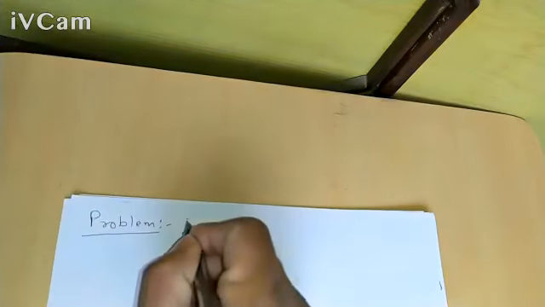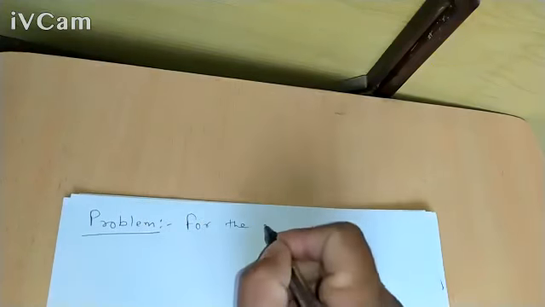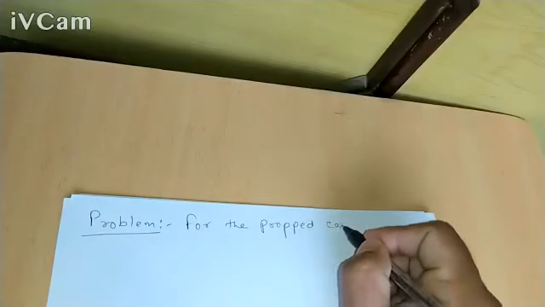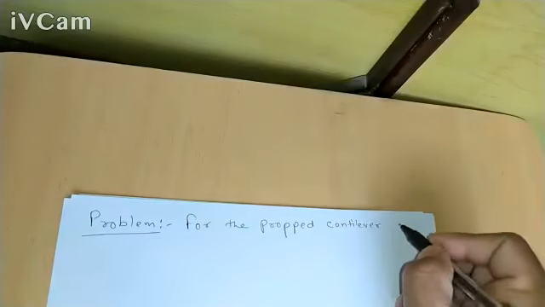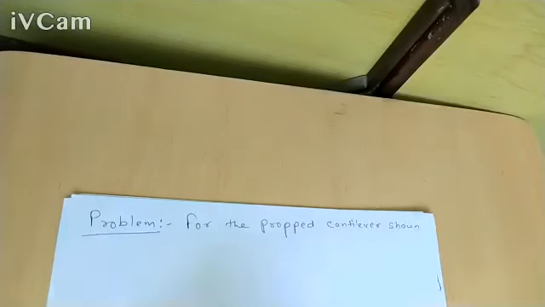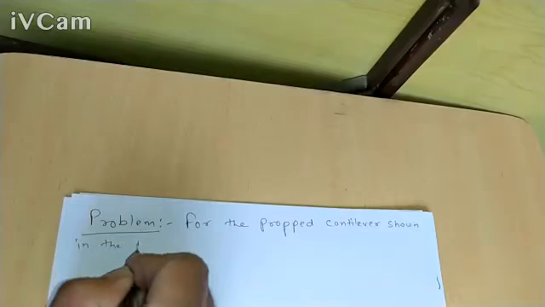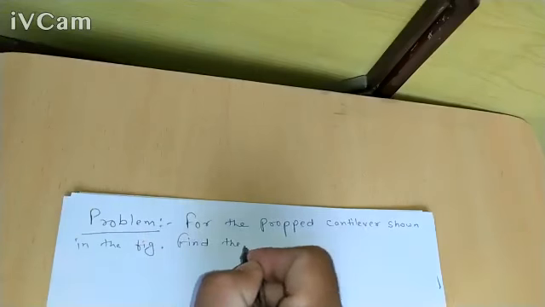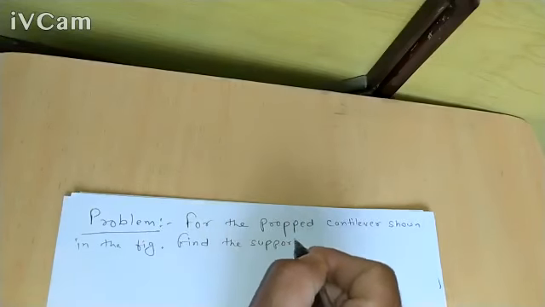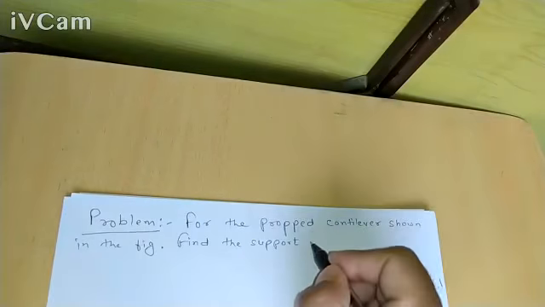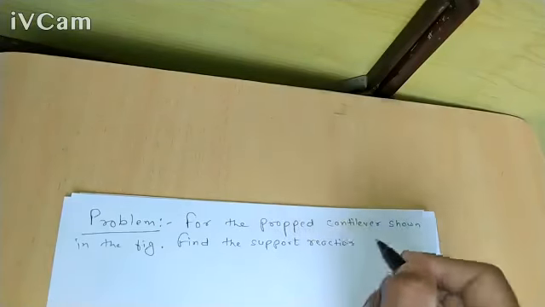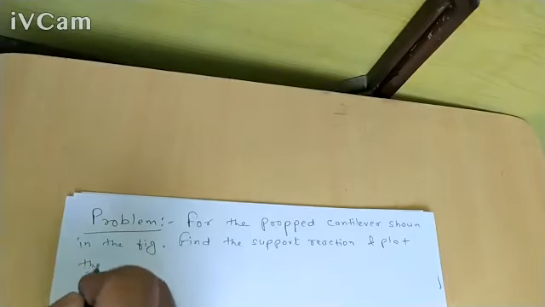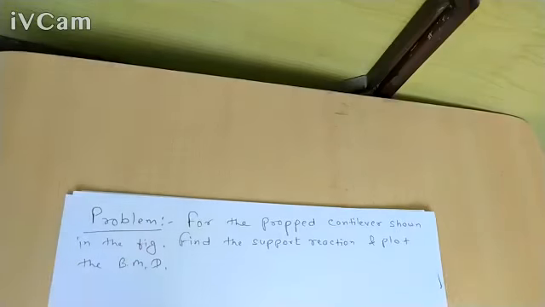So the problem is: for the propped cantilever shown in the figure, find the support reaction and plot the bending moment diagram. So suppose this is the problem.